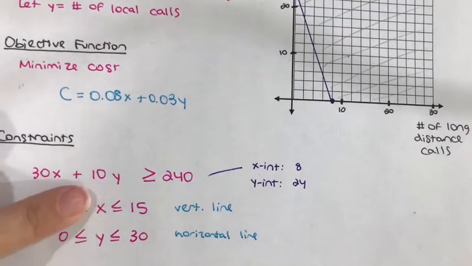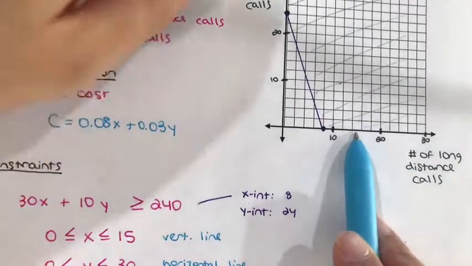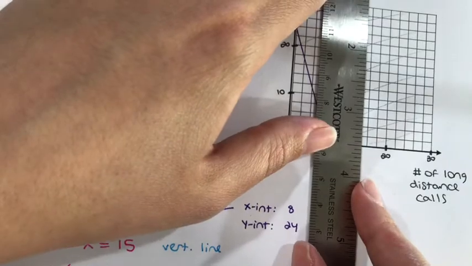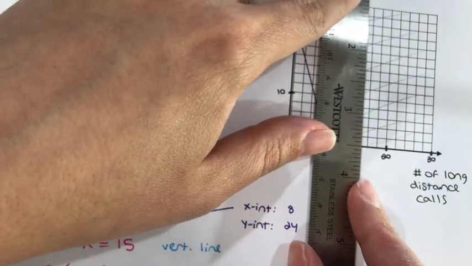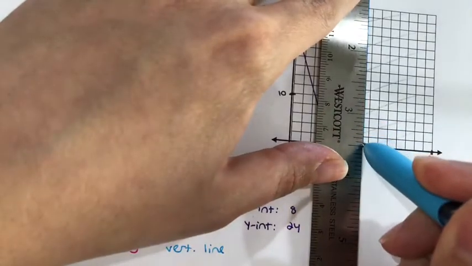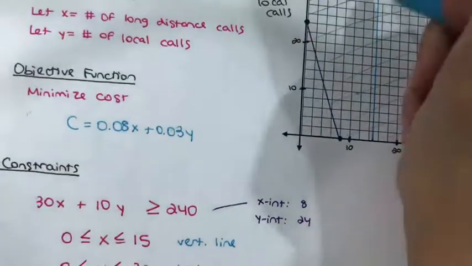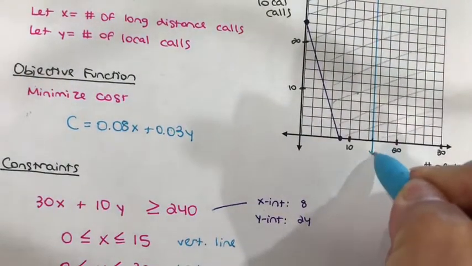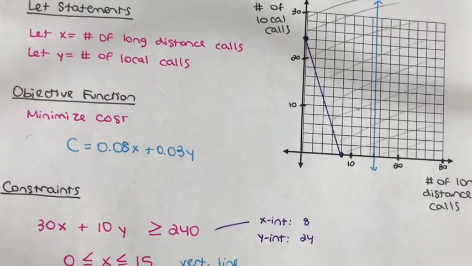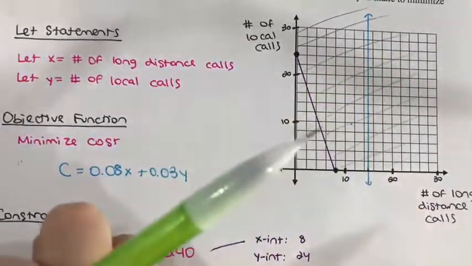So if I have x is less than or equal to 15, I'm going to go to 15 on my graph, just right over here, and draw a vertical line. Something like that. So it goes up and down forever, but we're just worried about x values that are less than 15. So I'm going to shade to the left.